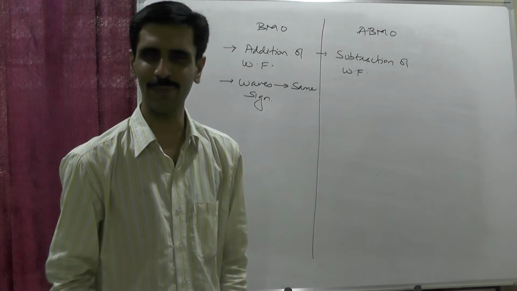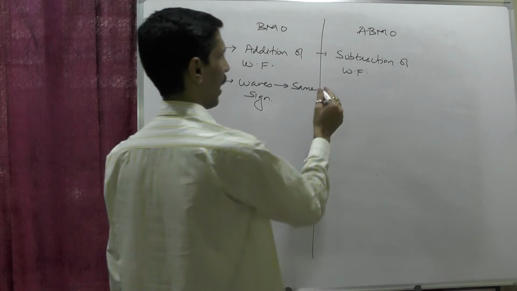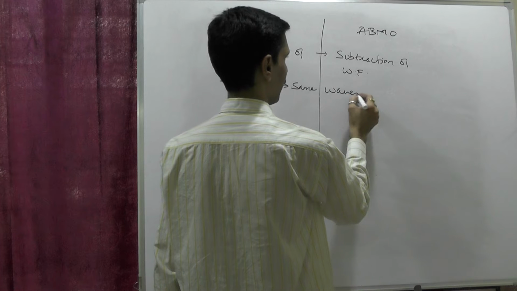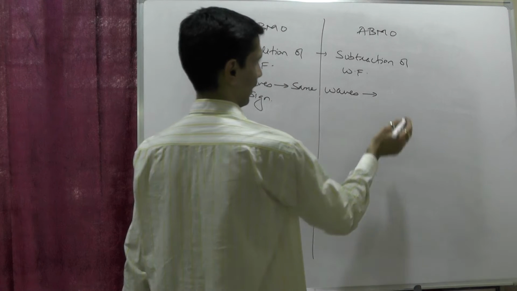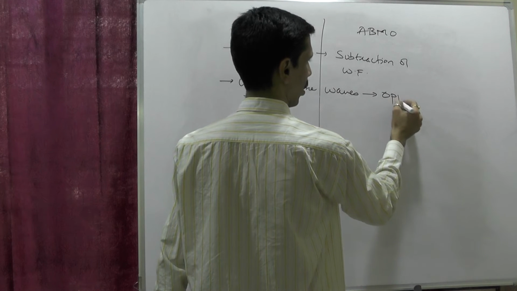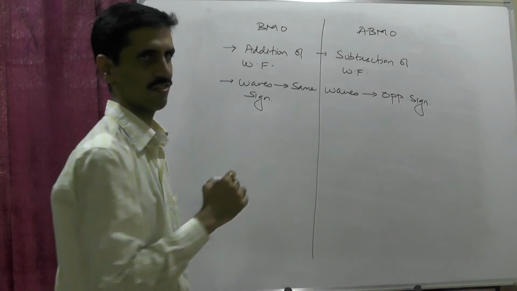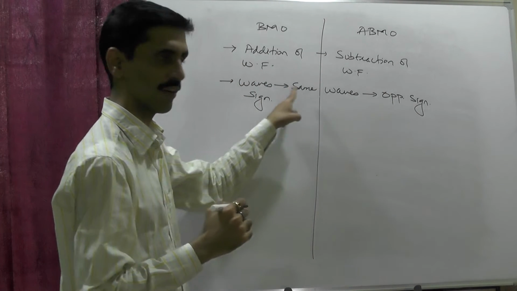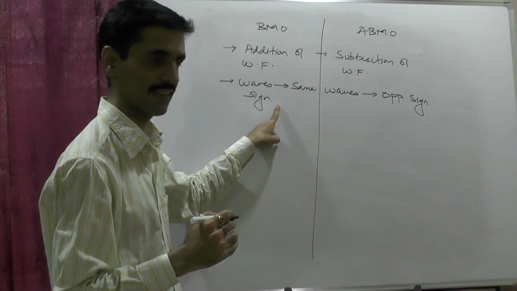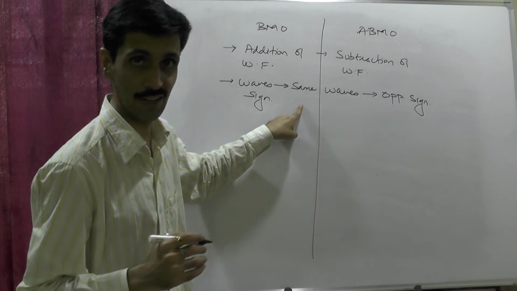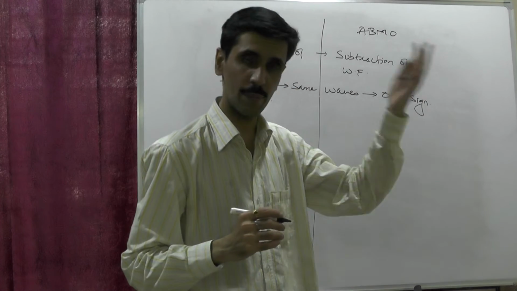As simple as that, my dear friends. Here, the waves will be on opposite sides, so they have opposite signs. One is plus, the other is minus. Here, both are plus, or both are minus. Same sign means same direction. Opposite sign means opposite direction.